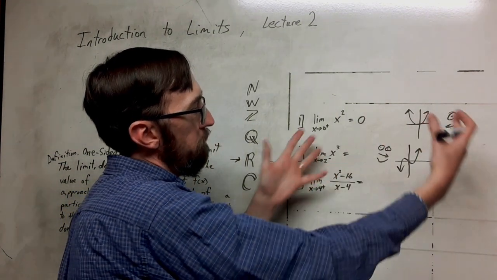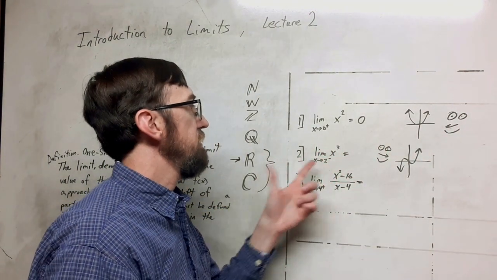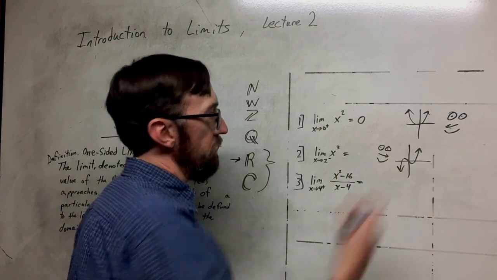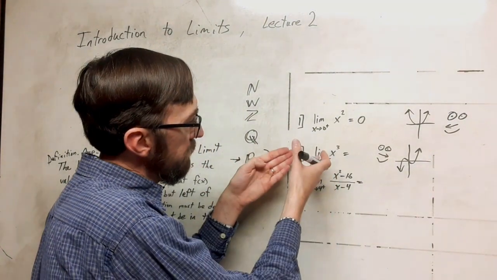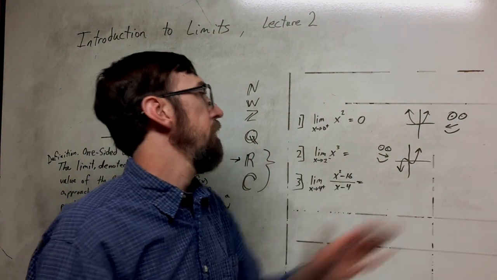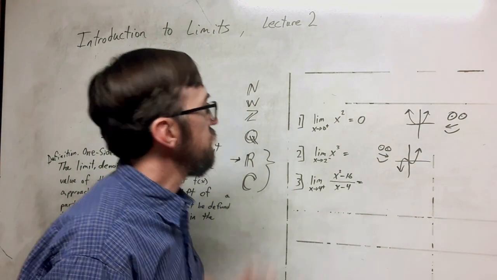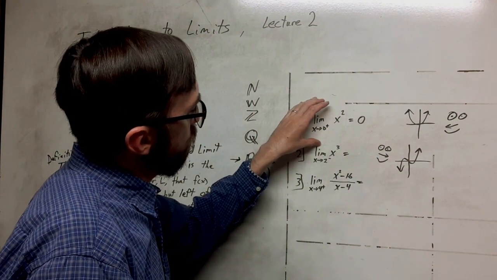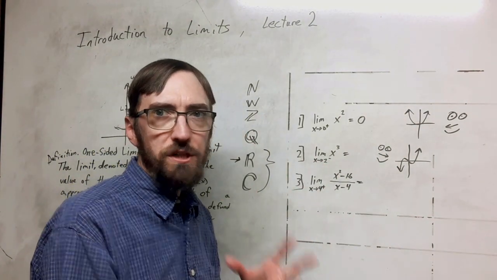We see the graph is on both sides of the y-axis, and it is on both sides of the value of 2, which would be over here. So we could approach from either side, but we're specifically indicated we're approaching from the left. So what value are we going to approach? Well, just like discussed up here, we could just plug this value into here and find that we're approaching 8.